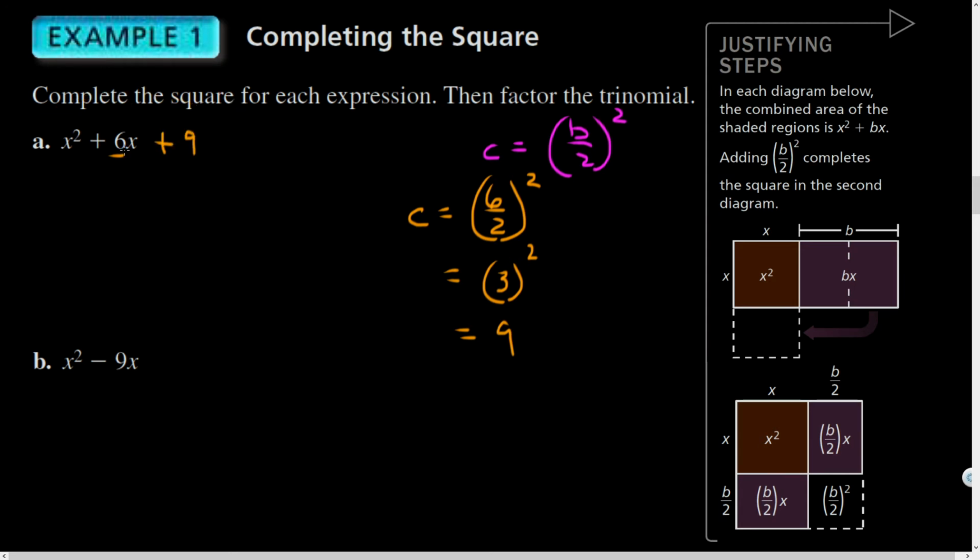Now, this is not an equation. They're just asking me to complete the square and then factor what's left. Because it's a perfect square trinomial, it's going to equal a plus b all squared. So a would have been the x, and b would have been the square root of 9, which is 3.